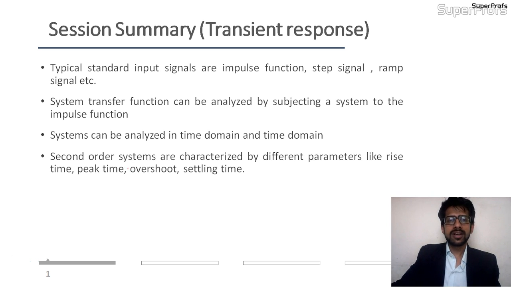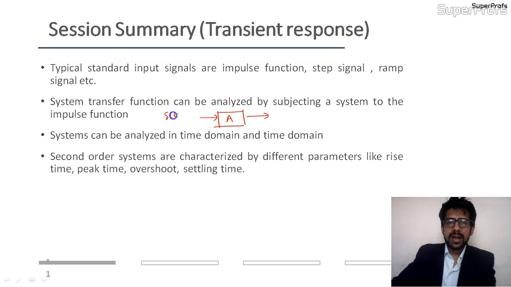Then we saw that the system transfer function can be found by subjecting a system to the impulse function. Let us say the system is A, and I have to find out its transfer function. If I don't know the transfer function of the system, what should I do?